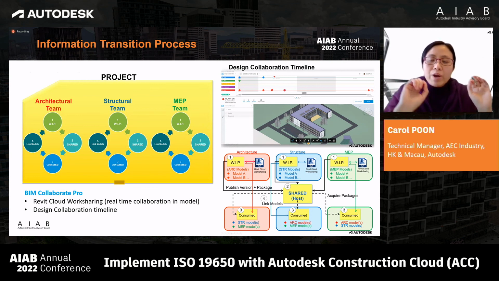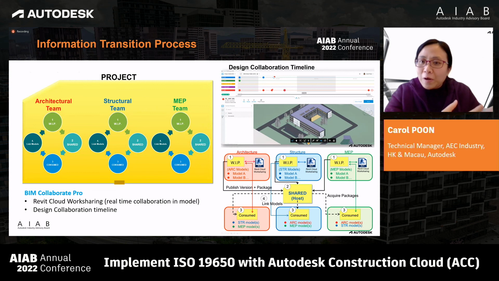And when other teams take a look at your models, your package, to decide whether they want to consume your model, they can use some review tools such as version compare or the model coordination tools to help.